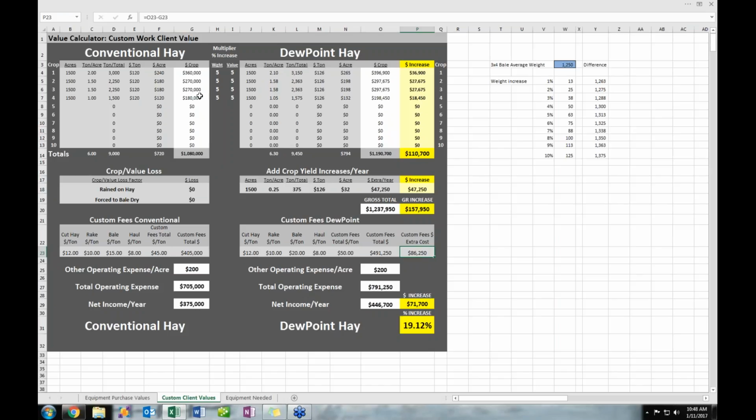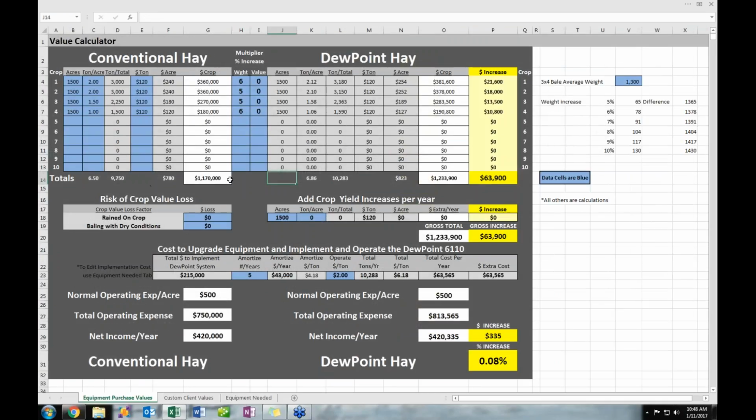Because ultimately, at the end of the day, we're still baling hay for the consumer, the guy that wants to sell it. And we need to show the guy that's selling it that he's getting something more for it. And this is how we do it, on this other tab, this custom client values versus equipment purchase values.